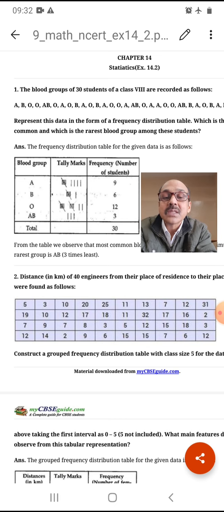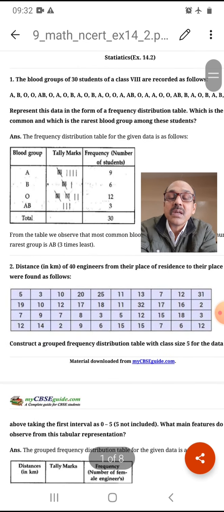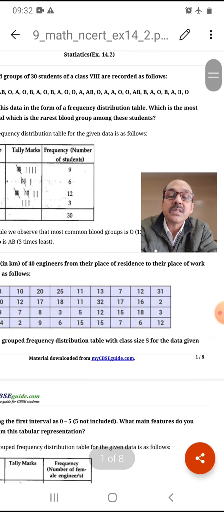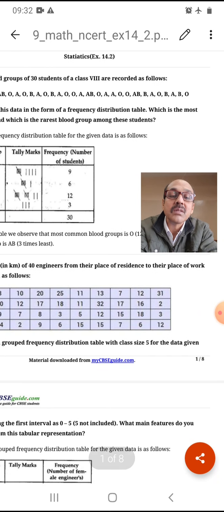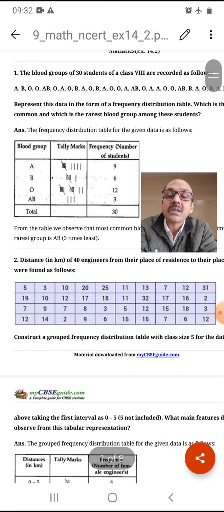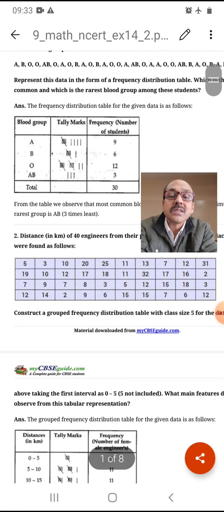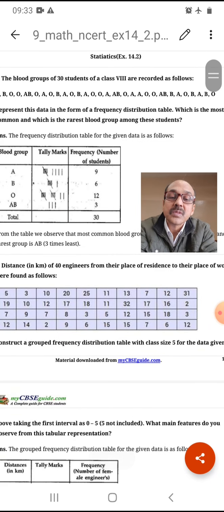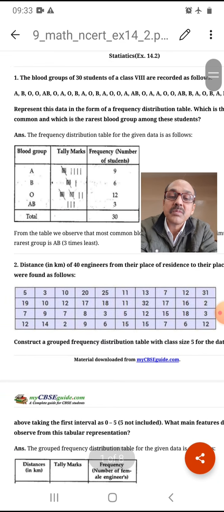Now next, see question number 2. The question is: distance in kilometers of 40 engineers from their place of residence to their place of work were found as follows. So 40 engineers' distances from their workplace are given.